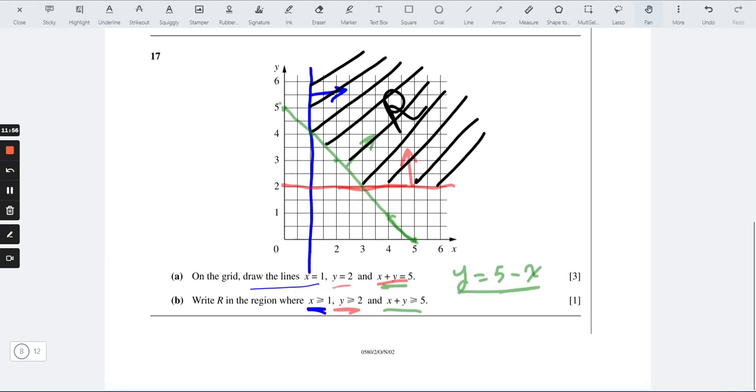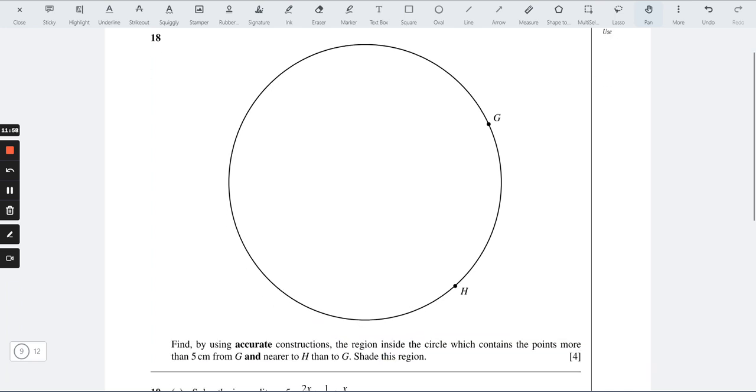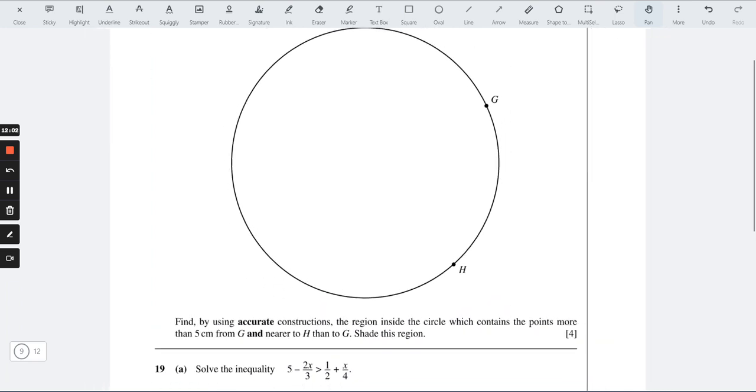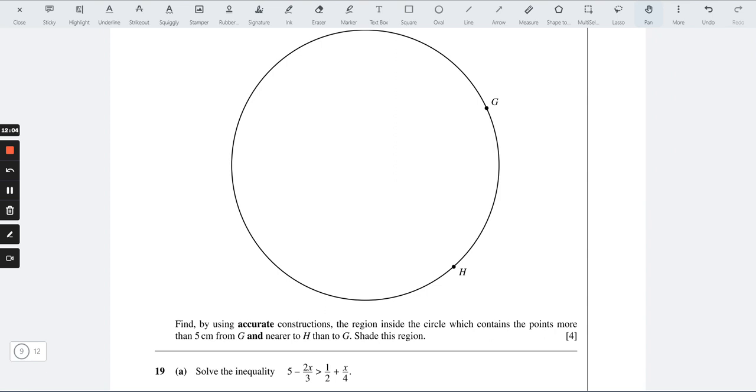Yes. So now let's move to question 18. Question 18: find by using accurate construction the region inside the circle which contains the points more than 5 cm from G and nearer to H than to G, and shade this region. For sure you need the compass and the ruler for this one.